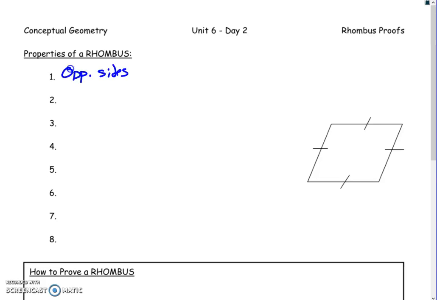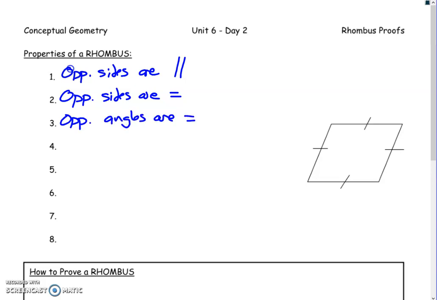Opposite sides are parallel. Sound familiar, right? Parallelogram. Also, opposite sides are equal. Opposite angles are equal.